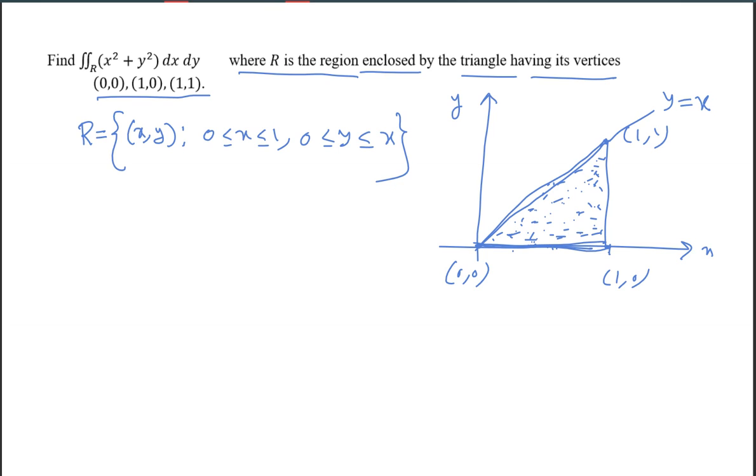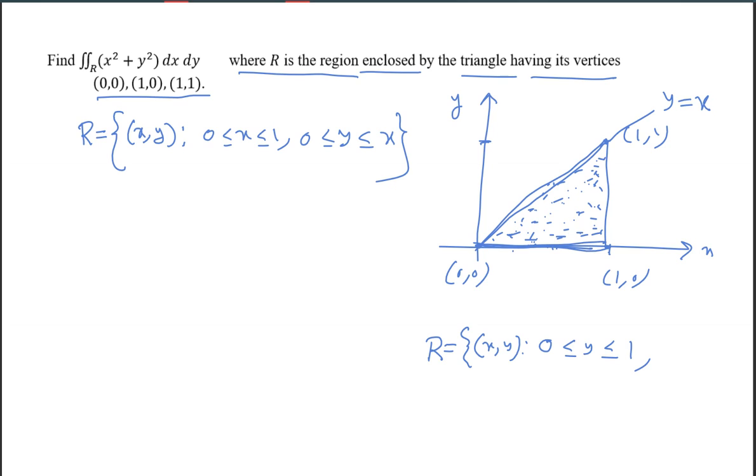Now tell me, can I represent this region in some other way? Suppose one of your friends writes that y runs from 0 to 1. So y is running from 0 to 1, and in that case, x runs from this line to this line.